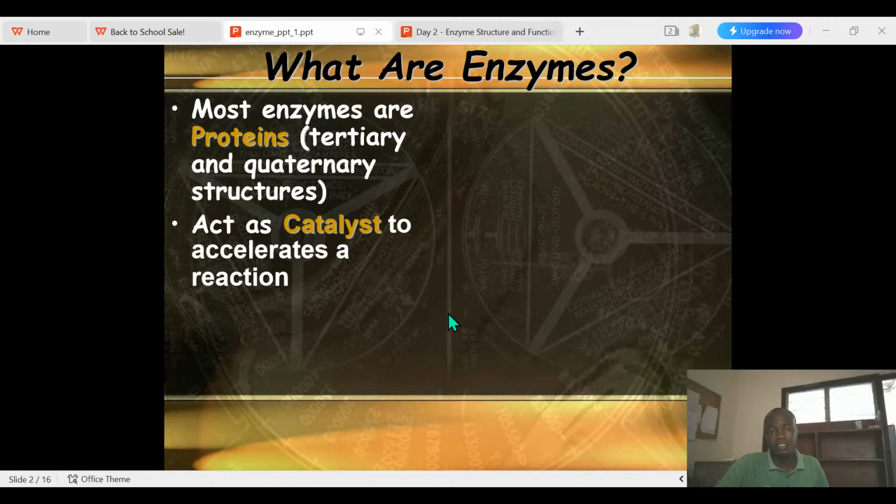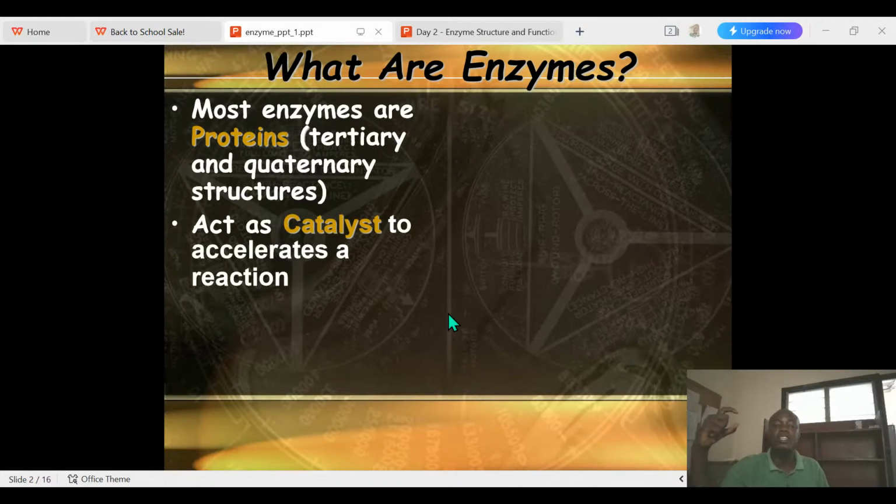In addition, enzymes are proteins, but very few enzymes are nucleic acid in nature. Remember proteins have different levels of structure: primary, secondary, tertiary and quaternary structure.